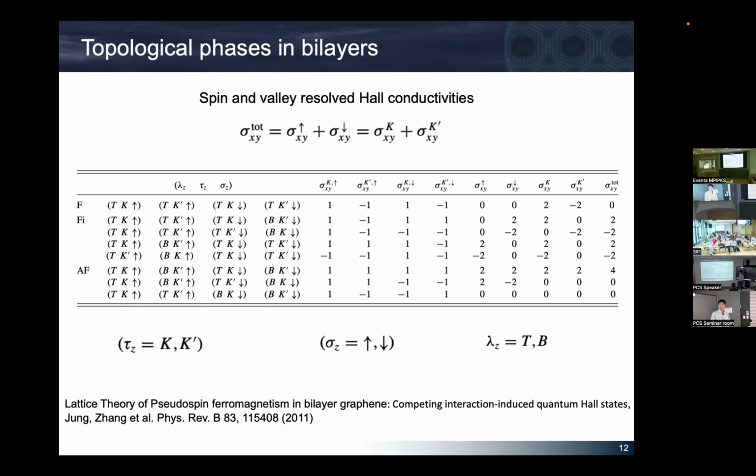So for this charge balance configuration, we would have spin Hall or the layer antiferromagnetic phases, whereas for these ferroelectric phases, we would always have an anomalous Hall effect.